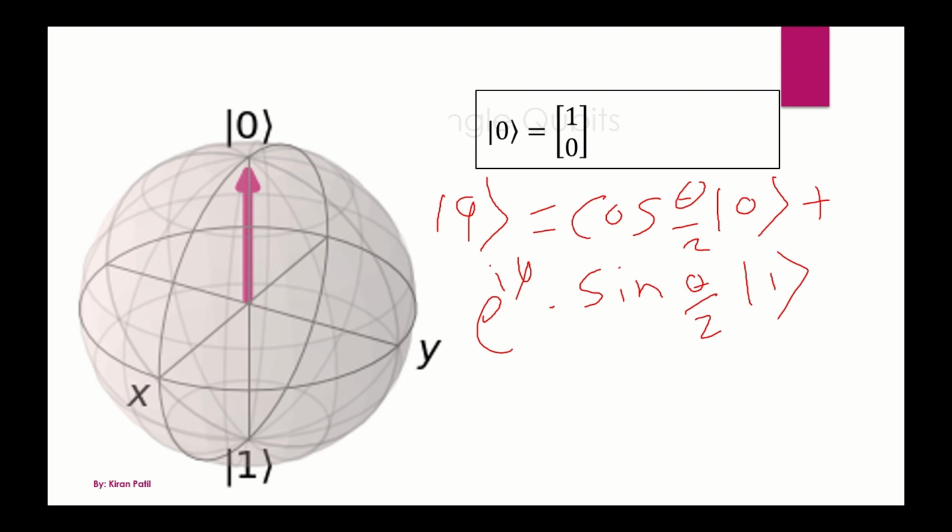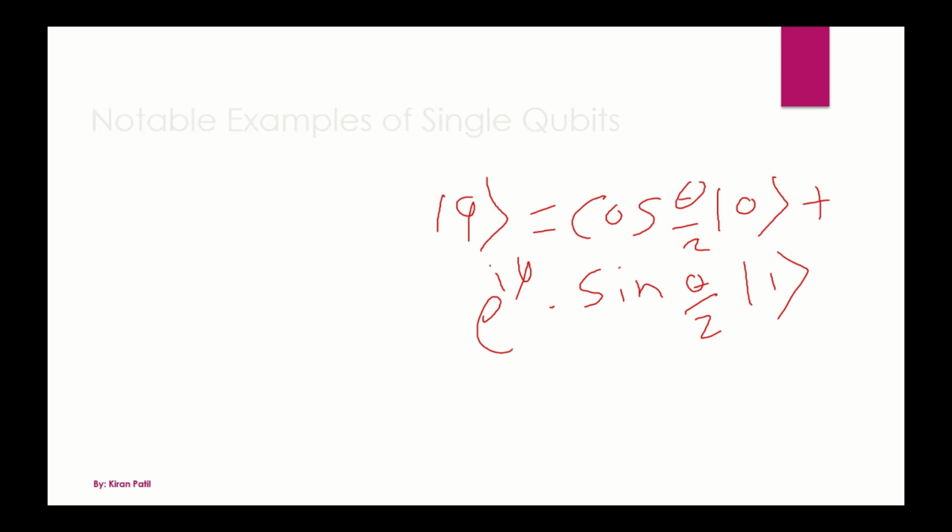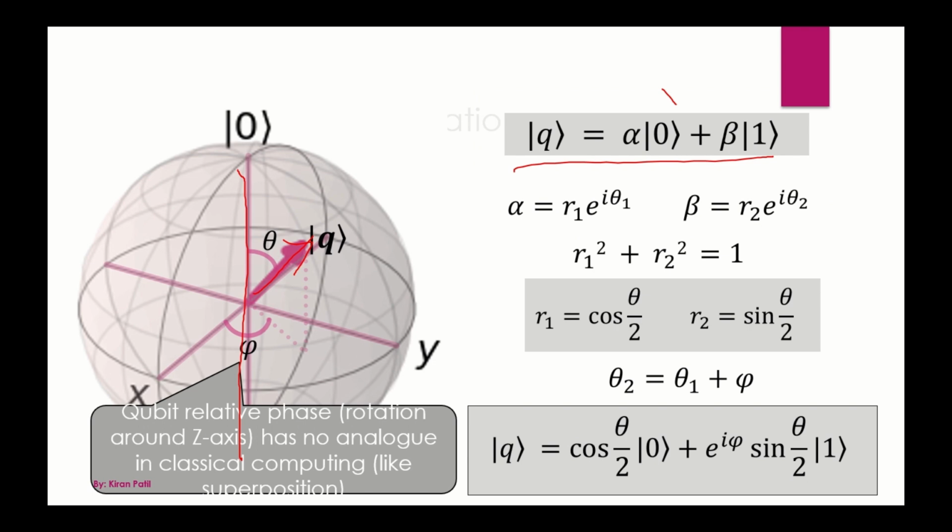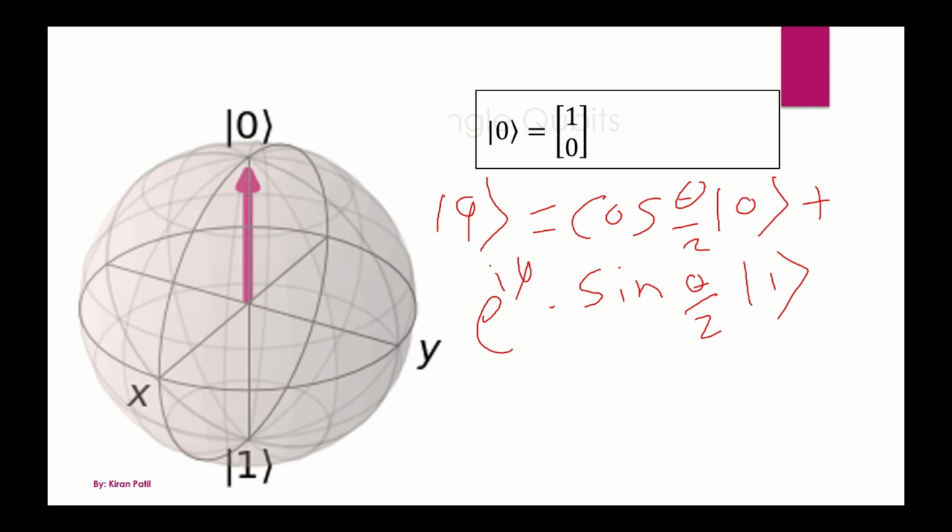In the previous slide we have seen how this equation is formed: q is equal to alpha ket 0 plus beta ket 1, where alpha is r1 into e raised to i theta 1, and beta is r2 into e raised to i theta 2. After solving this we get this equation, the same equation I have written over here. So to calculate the qubit which lies on the x-axis, we will put in the values of that.